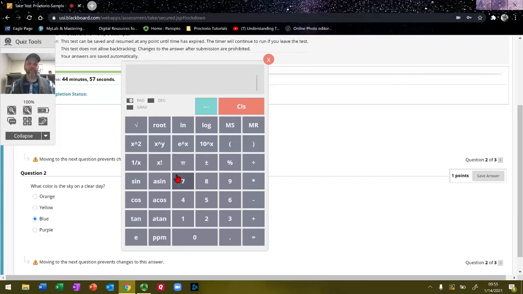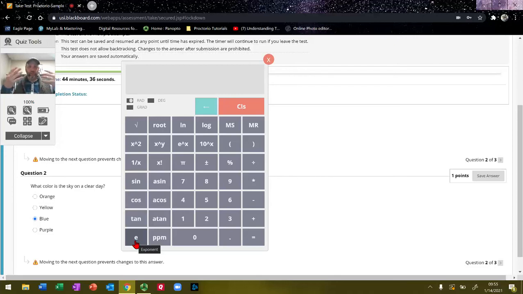As far as using scientific notation, the E here you would treat as kind of the phrase "times 10 to the power of." So let's say we wanted to calculate the scientific notation of 2 times 10 to the third power.